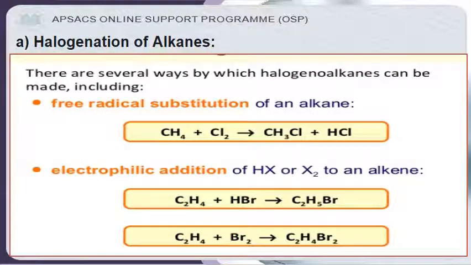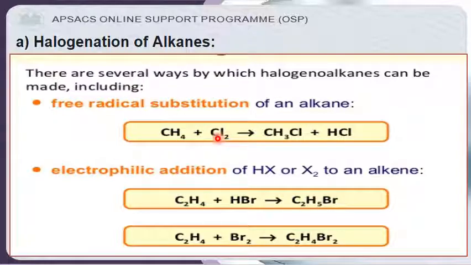The first method is the halogenation of alkanes. There are several ways by which haloalkanes can be made. It includes free radical substitution on alkanes or electrophilic addition reaction.